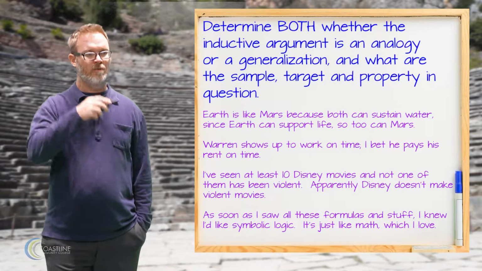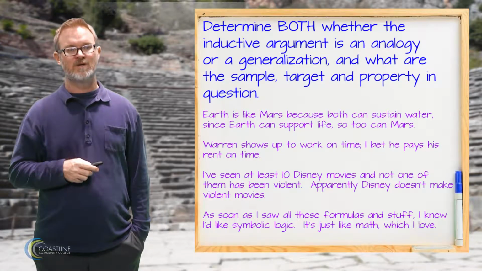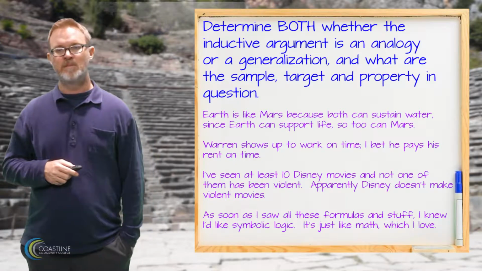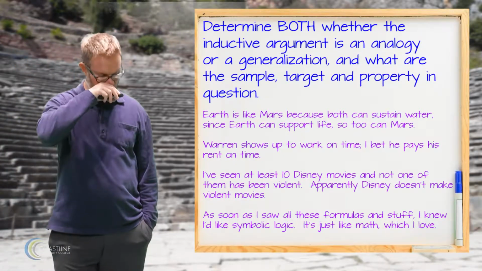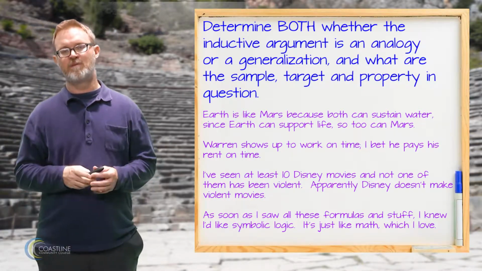Okay. So that being said, the first example says, Earth is like Mars because both can sustain water, and since Earth can support life, so too can Mars. We're making a comparison between Earth and Mars.